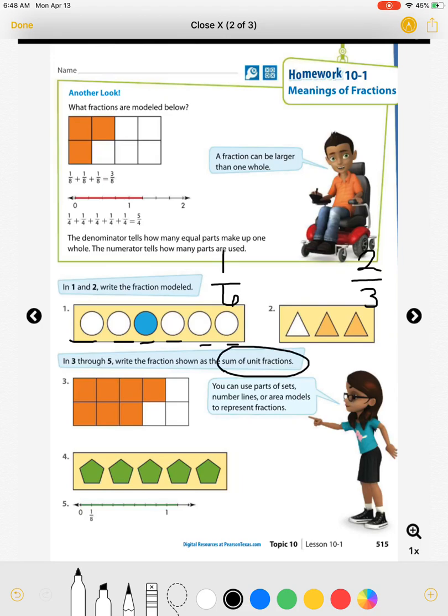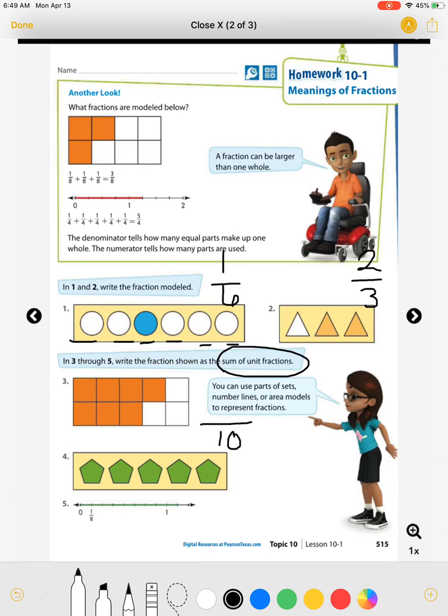All right, let's find our total fraction for this first. How many total pieces do we have? 1, 2, 3, 4, 5, 6, 7, 8, 9, 10. So 10 is my denominator for number 3.